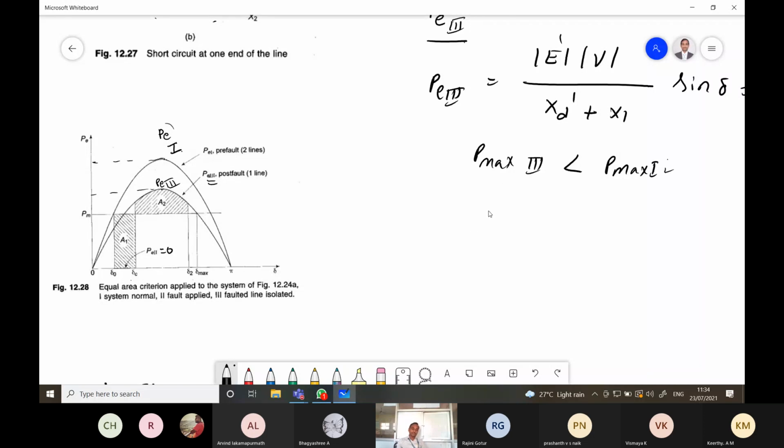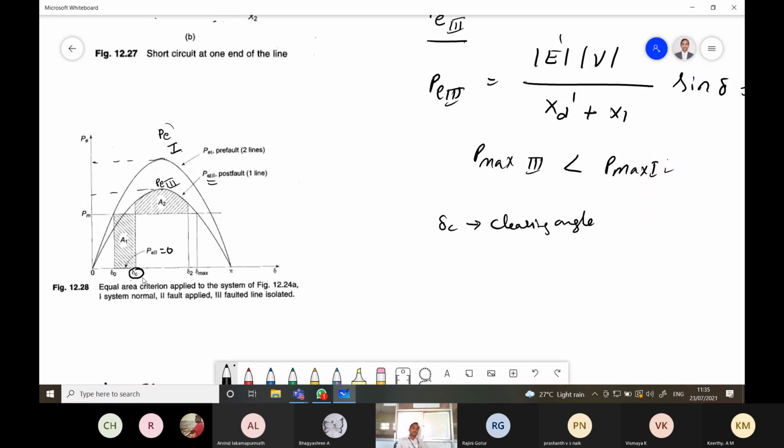In this case, whenever you clear the fault at delta C, that is the clearing angle, initially during the fault PE will become 0.